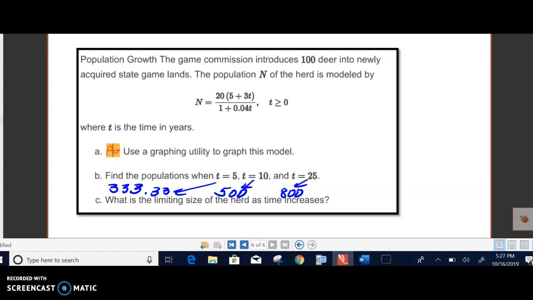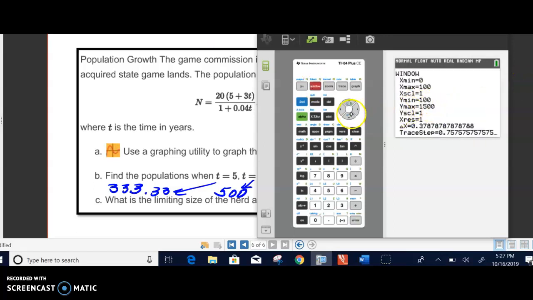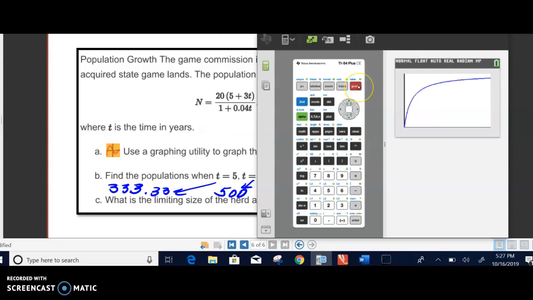The next question is, what is the limiting size of the herd? It can't increase infinitely without bounds, so let's see what the calculator tells us. Yeah, it appears that this thing is sort of tapering off. So let me go a little bit further on the x-axis. Let's make the x max to be 300. Let's see what that does. I see it's tapering off. So let's hit this trace button and let's trace to the right and see what is that y value we're getting.